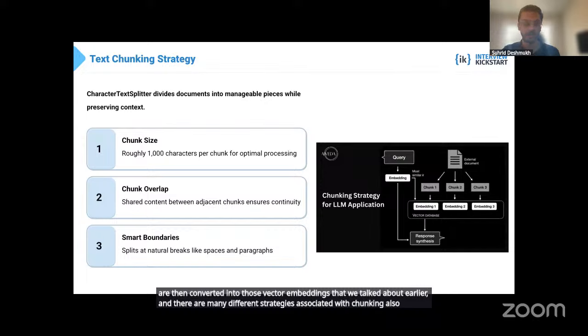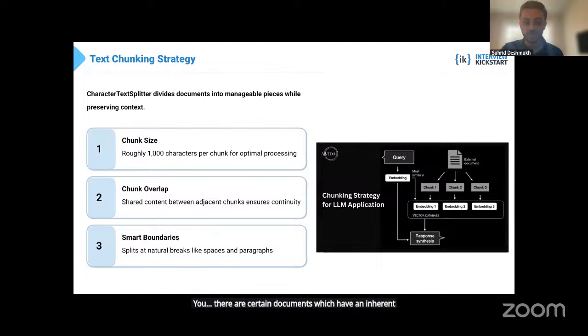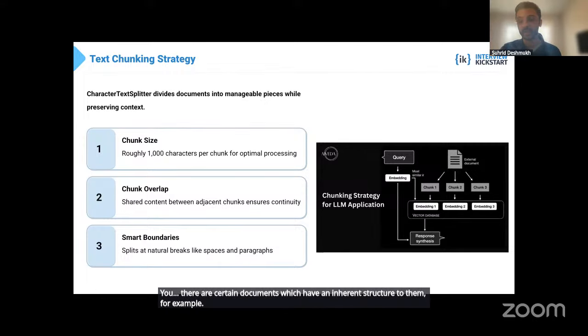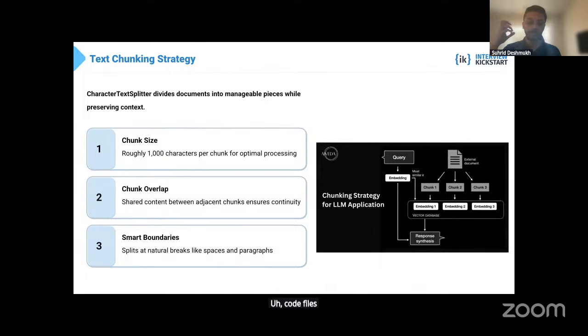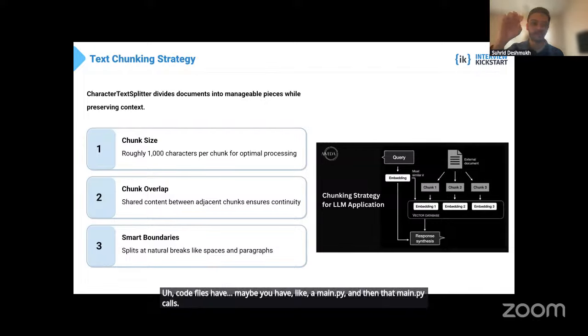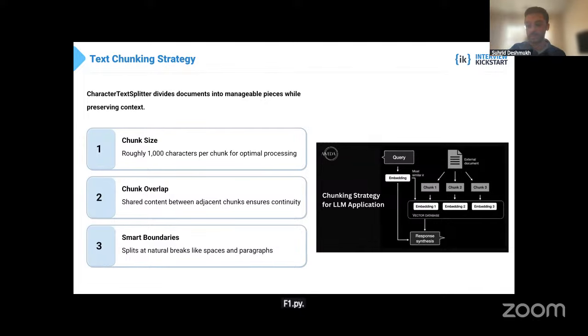For example, there are certain documents which have an inherent structure to them, for example, code files, right? Maybe you have a main.py, and then that main.py calls f1.py, f2.py, f3.py, and it makes sense to therefore chunk those documents on a file by file basis.